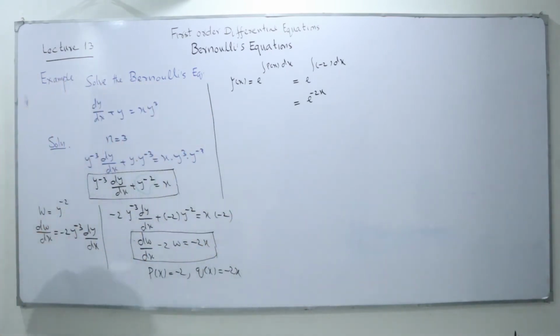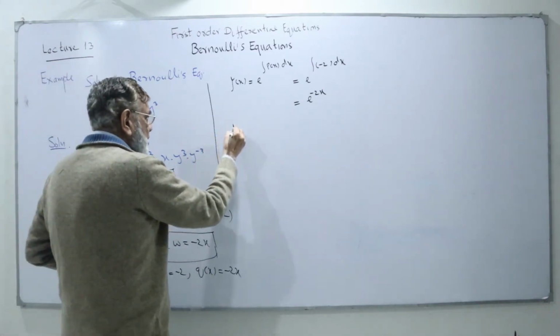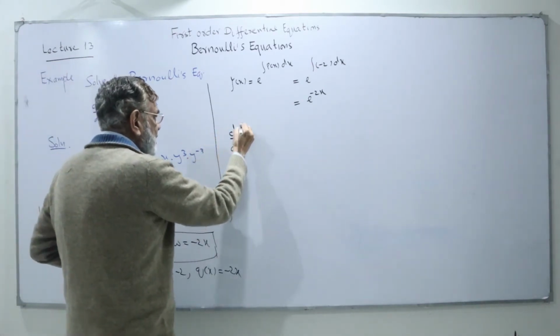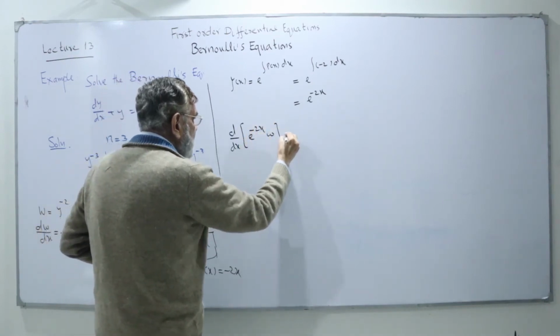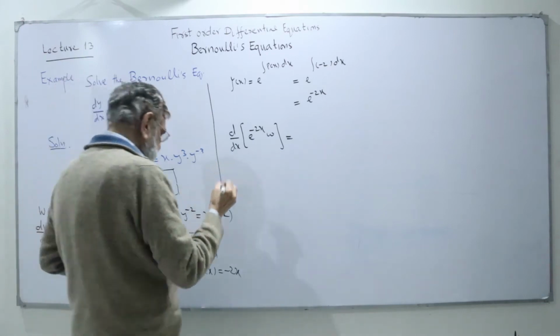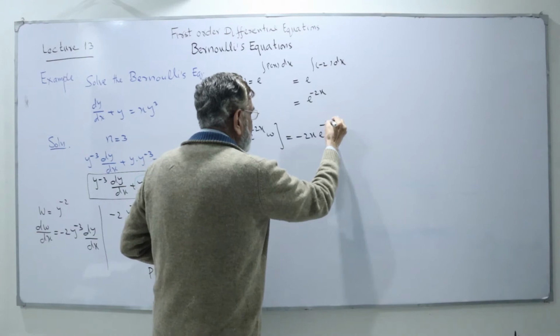Now I can write my solution: d by dx of the integrating factor into w is equal to the integrating factor into q of x. Our q of x is minus 2x, so the right side is minus 2x into e to power minus 2x.